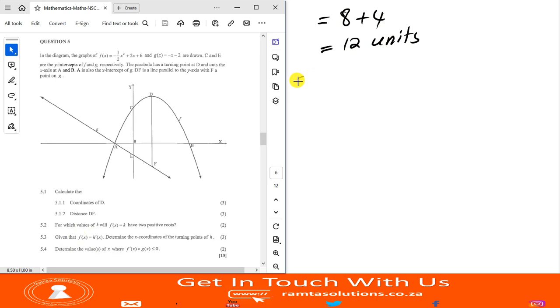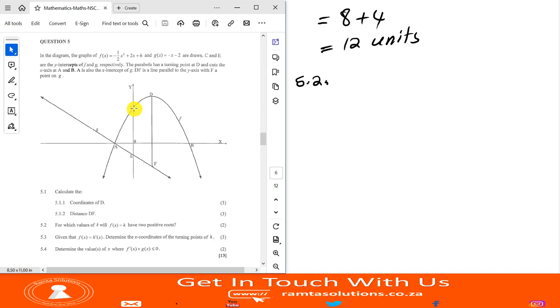5.2 says to you, for which values of k will f of x equals k have 2 positive roots? Remember guys, when they say 2 positive roots, I urge you guys to please be careful. This point here is y equals 6.